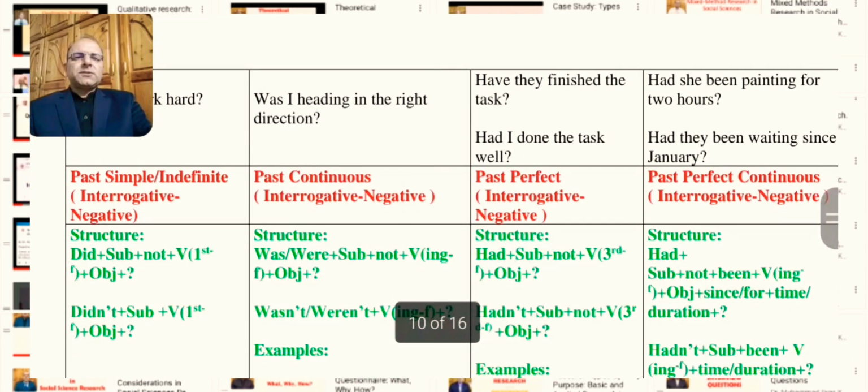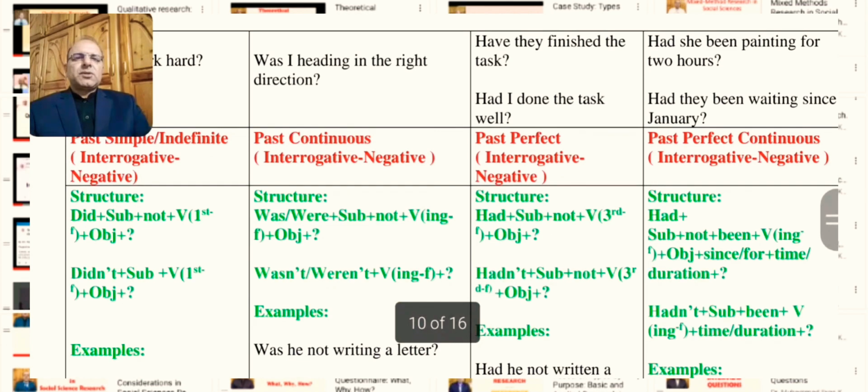Then the past tense with its subcategories in terms of interrogative negative sentences. So again, you can see the structure of these four types of the interrogative negative form of the past indefinite, past continuous, past perfect, and past perfect continuous.